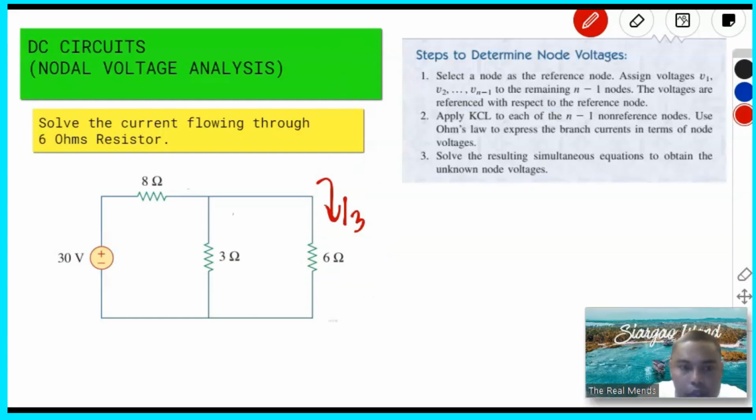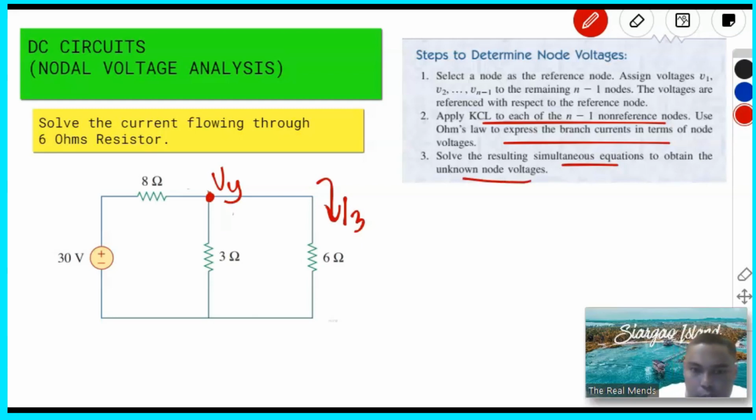Okay, so this is our reference node. Assign V1, V2, and so on to the remaining n-1 nodes. Then apply KCL to each of the n-1 non-reference nodes. Then use Ohm's Law to express the branch currents in terms of node voltages. And then the resulting equations give us the unknown node voltages.